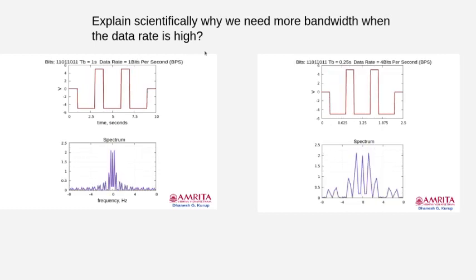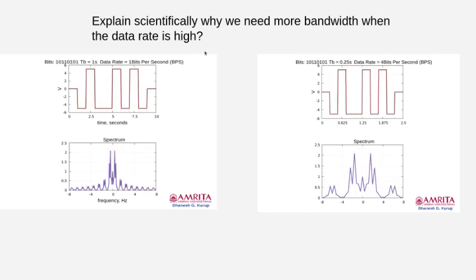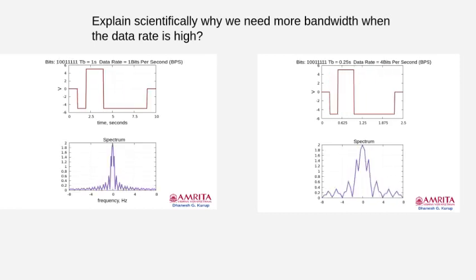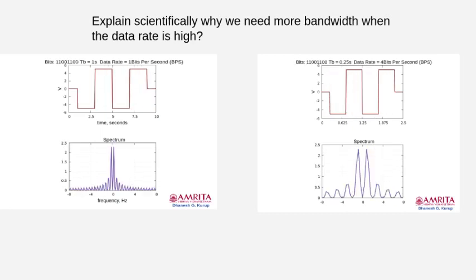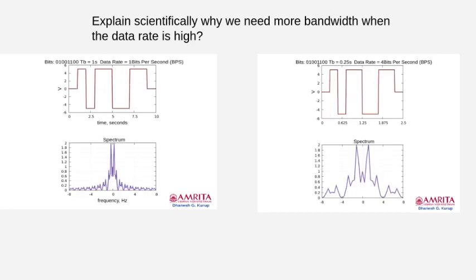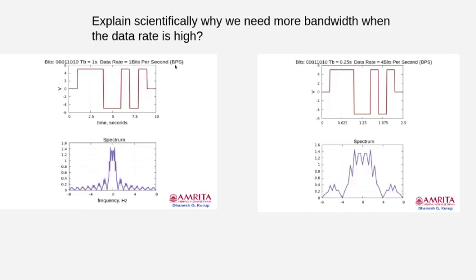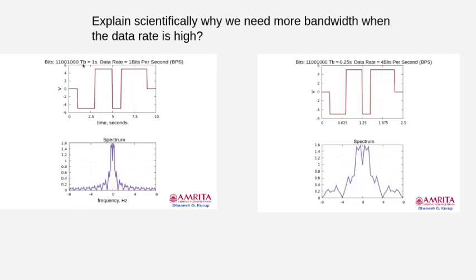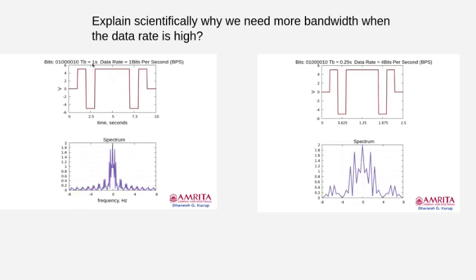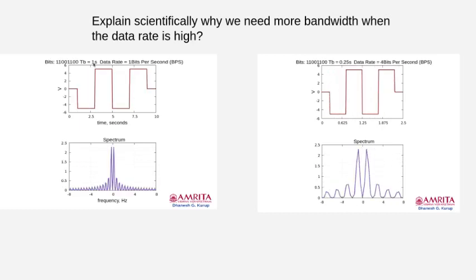As you know, in real life situations we deal with Mbps. There is an operator providing 50 Mbps, and another operator providing 1 Gbps. What does it mean? Gigabits per second, 10 to the power of 9 bits per second.